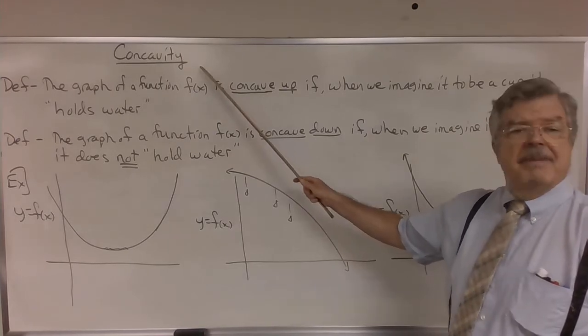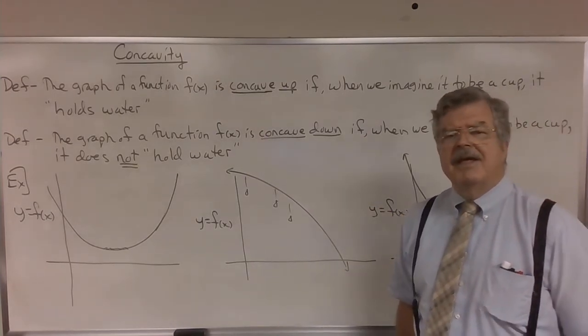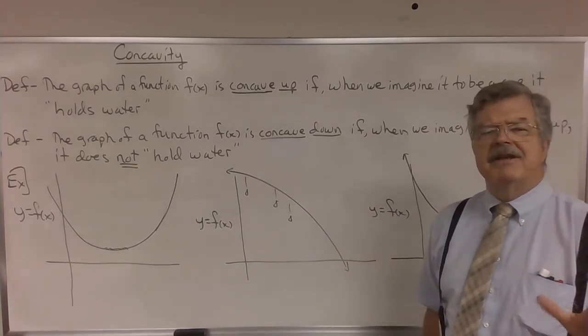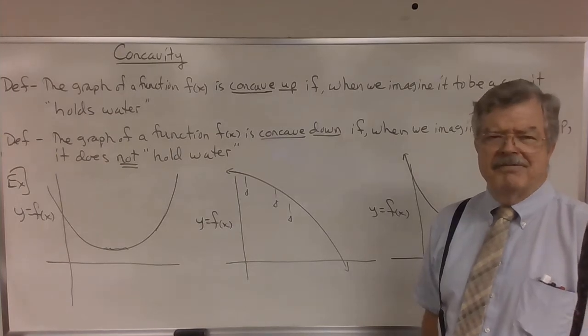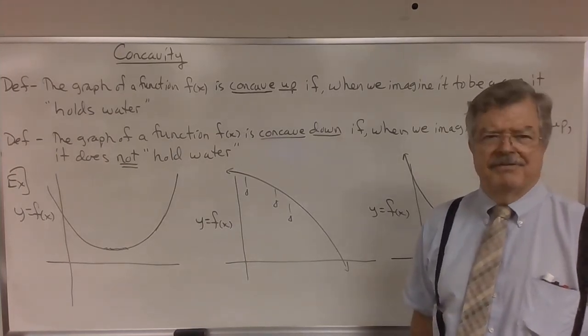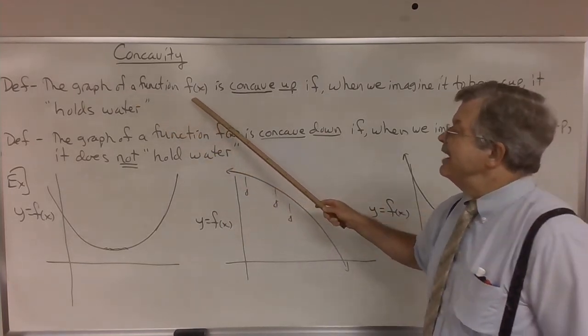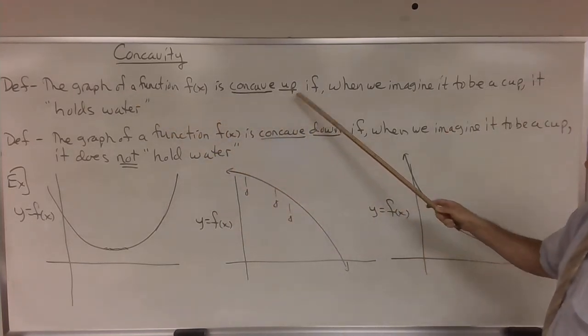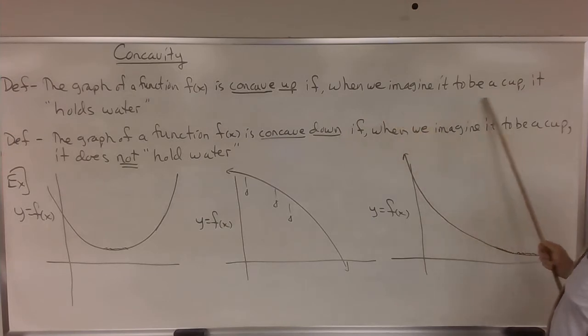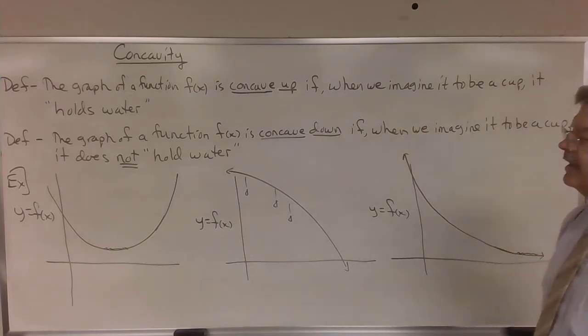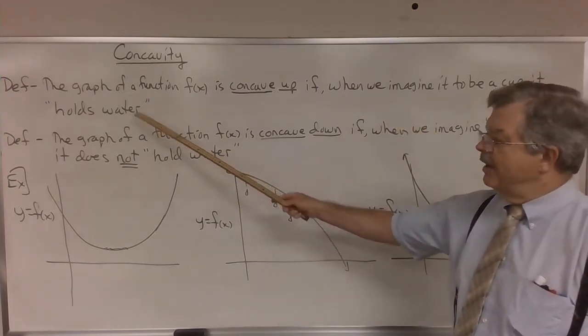This lecture is about concavity, and concavity deals with the shape of the graph, the curvature of the graph. The graph of a function f of x is concave up if, when we imagine it to be a cup, it holds water.